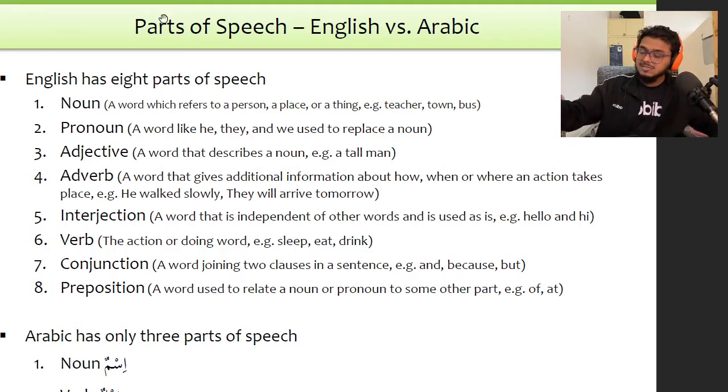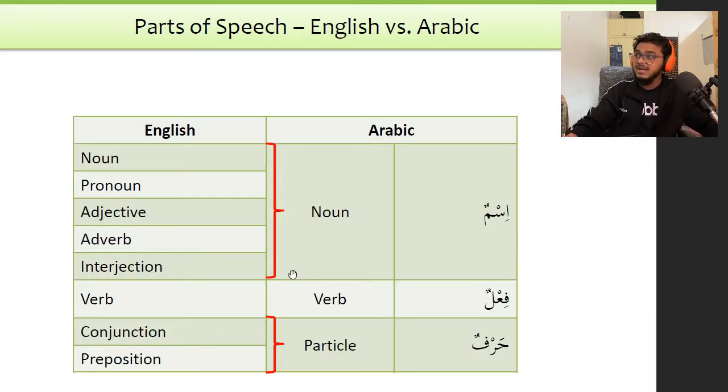So just quickly, let's say nouns, pronouns, adjectives, adverbs, interjection. Go through this stuff. Just read it on your own so that you will have a more detailed idea of what all these parts of speech in English are. But I am going to skip to the next slide, and we are going to explain what a noun, pronoun, adjective, adverb and interjection are.